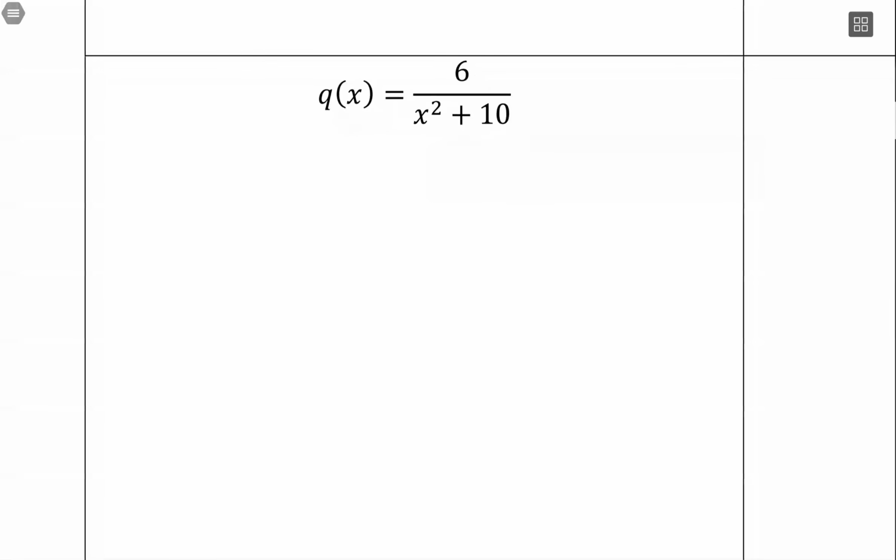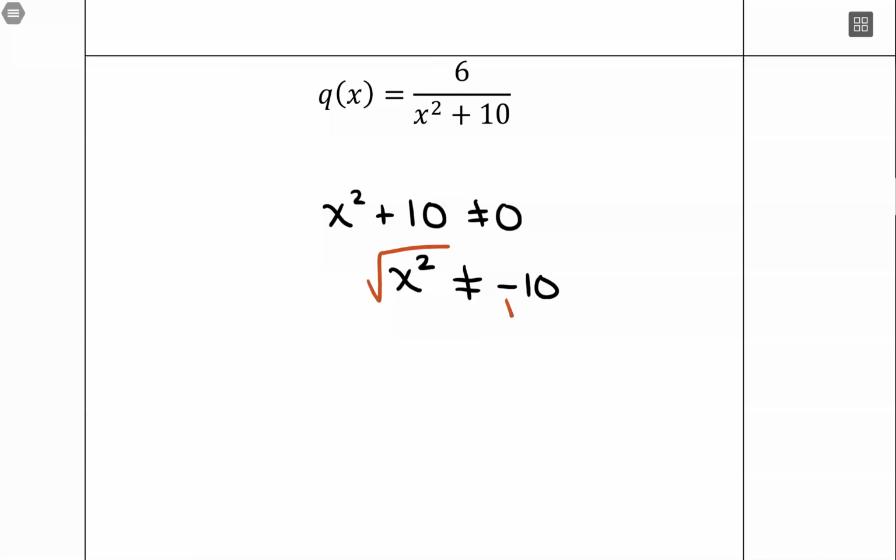All right, our next piece here is that x squared plus 10 cannot equal 0. I'm going to subtract 10 from both sides, then I can take the square root of both sides. We're taking a square root of a negative number, and that can't happen.